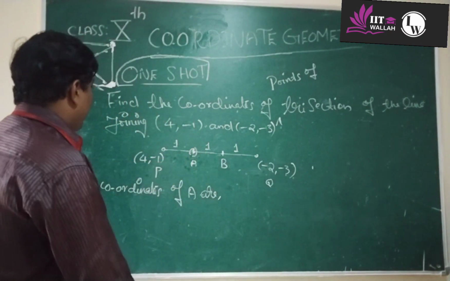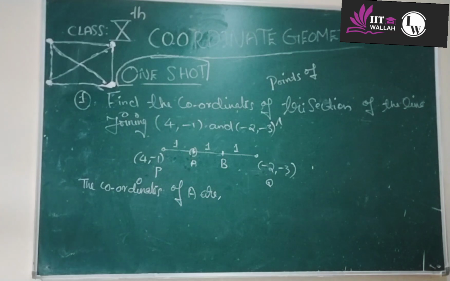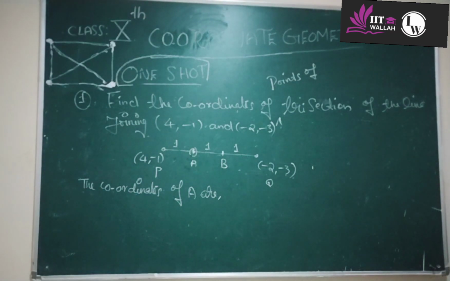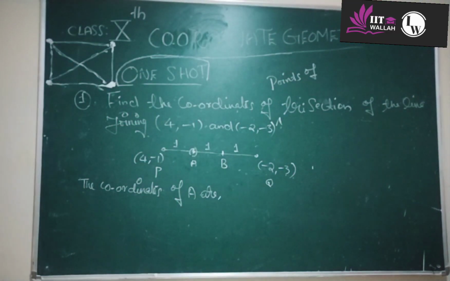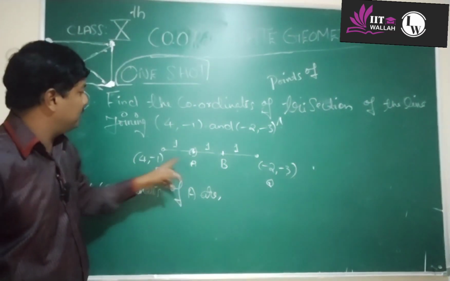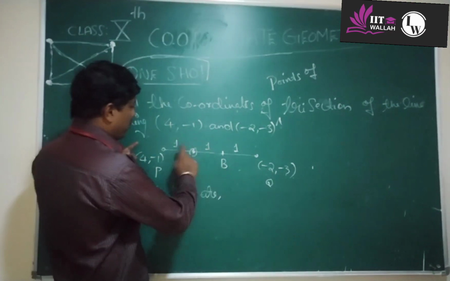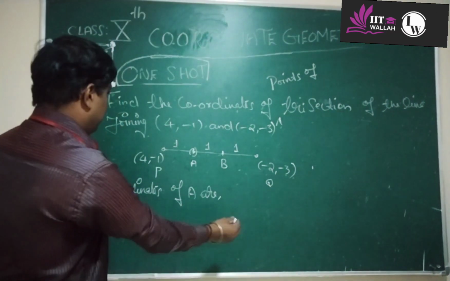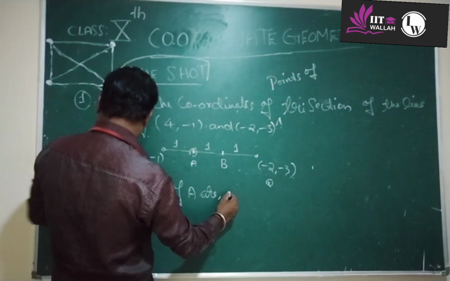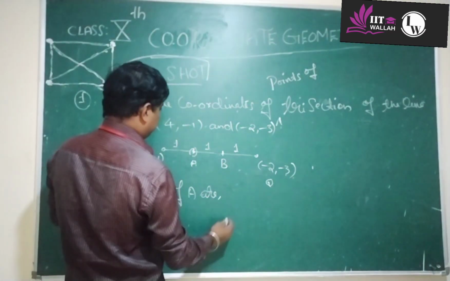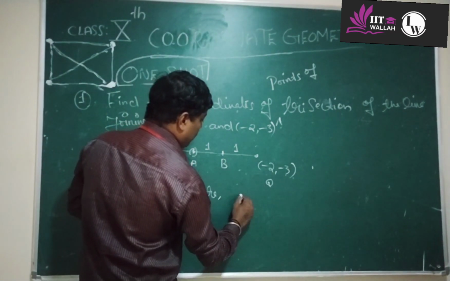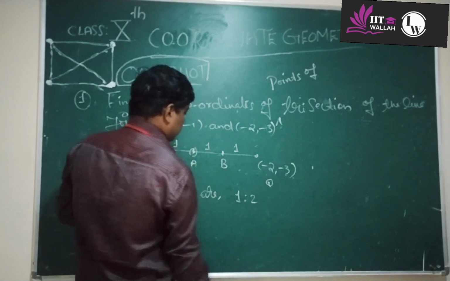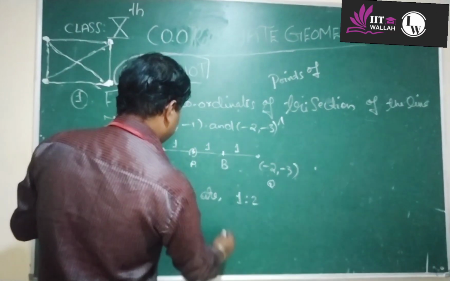This point divides PQ in the ratio 1:2. Okay? First you take the ratio 1:2, and from this you will get the coordinates.